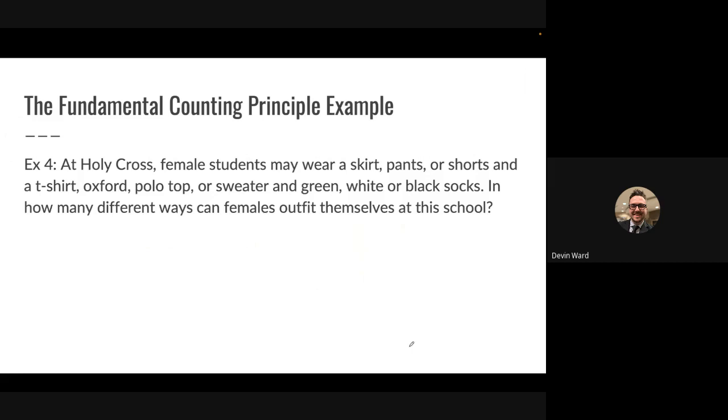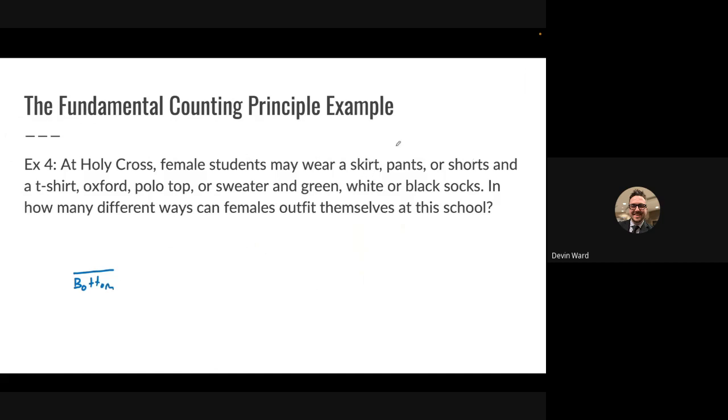So what we're going to do is look at their bottoms first, their bottom bit of clothing. The bottom half of their clothing can be skirt, pants, or shorts.